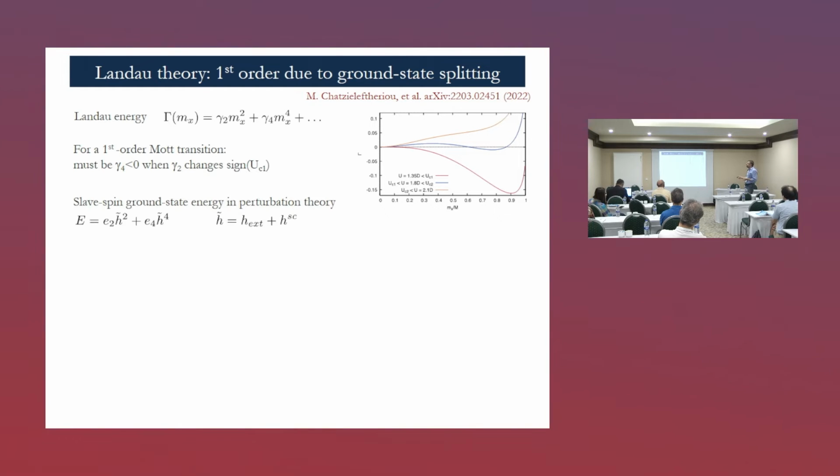This can be calculated analytically in slave spins, and I won't enter into the details for shortness of time. But it can be shown that if you calculate the ground state energy of the slave spin system as a function of the effective field, the Weiss field that has been used in order to treat these effective spins on a lattice, you can evaluate this perturbation expansion as a function of the field at several orders in perturbation theory.